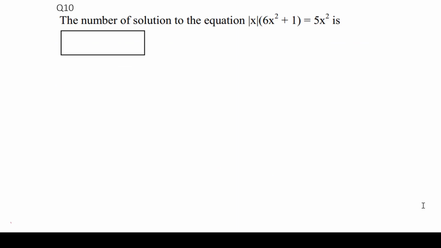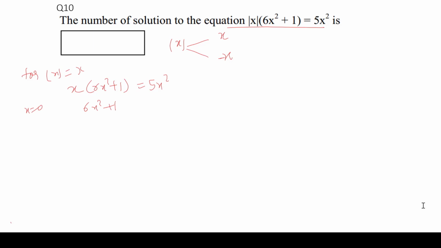This is question number 10, the number of solutions to the equation. We need to find the number of solutions this equation can have. So mod x can take two values. One will be positive x and another will be negative x. So for mod x equals x, we will solve this equation: x times 6x square plus 1 equals 5x square. One solution will be x equal to 0.